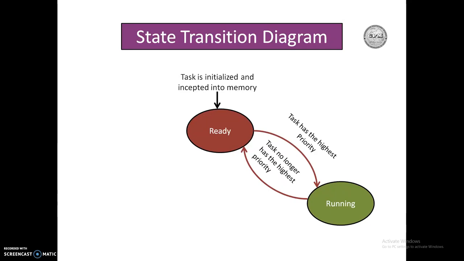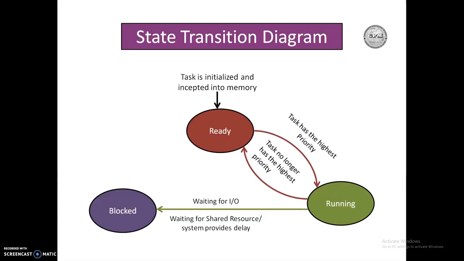If it is no longer the highest priority, it again gets back to the ready state. If waiting for some event, or for some shared resource, or for a time delay, it will go into the block state. After the waiting condition ends, it will again go to the ready state.